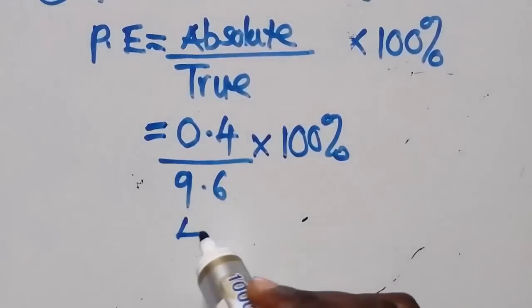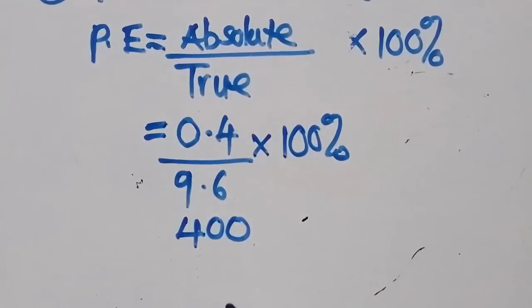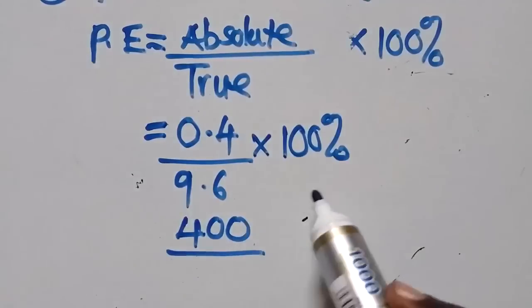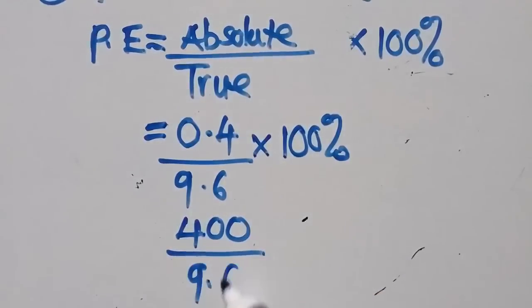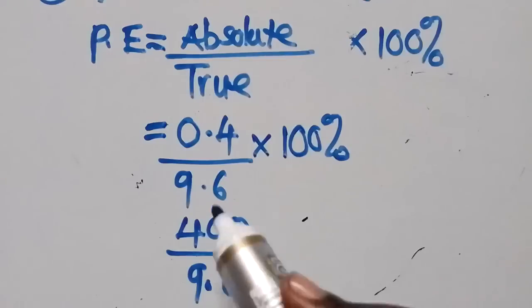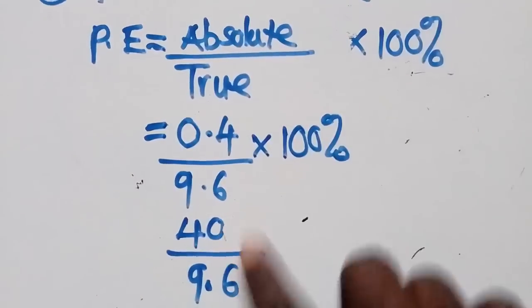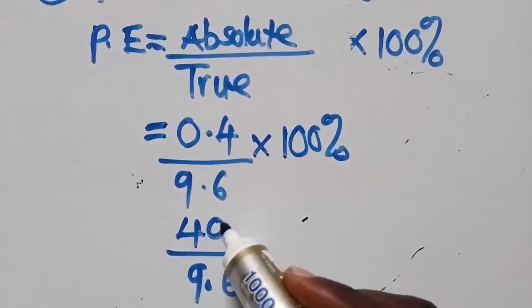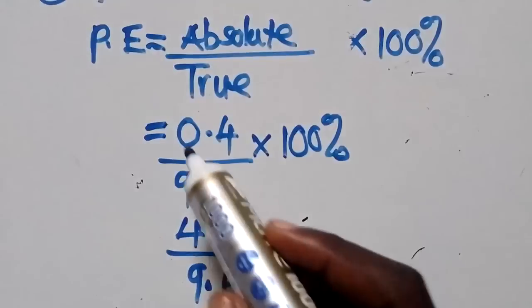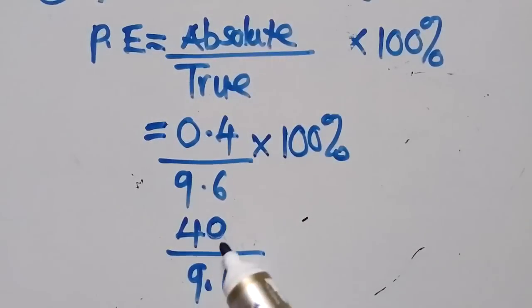You multiply this without a calculator, so you can confirm with me if we do the calculations over 9.6 like that. It has one decimal place, so this one should be 40, not 400. 0.4 times 100 is 40.